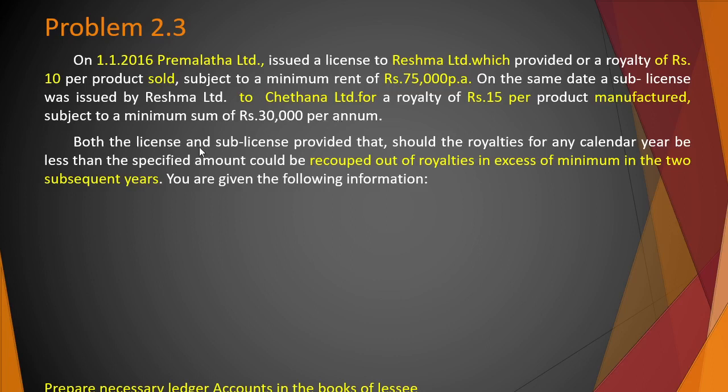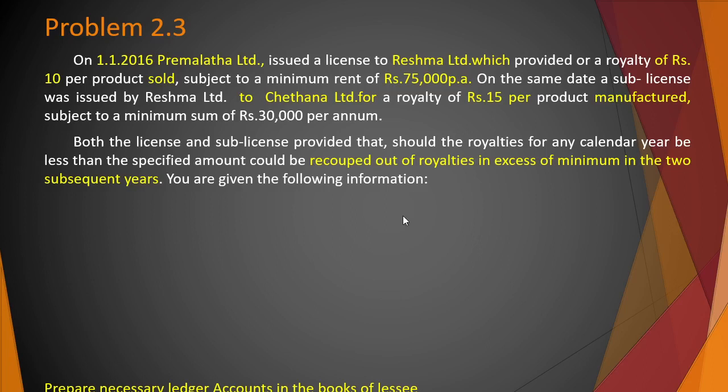In both the cases, recoupment out of royalties in excess of minimum in the two subsequent years. It's a floating recoupment in both the cases, main lease and sublease. It's a common requirement: after incurring short working, within the next 2 years we can make the recoupment of short working.